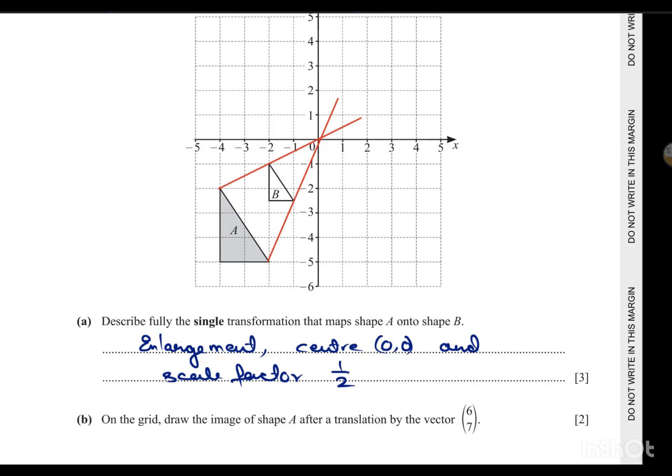This is the vertex, 6 and 7. 6 you need to go right, 1 2 3 4 5 6, and 7 up, 1 2 3 4 5 6 7. So that means this vertex is here.